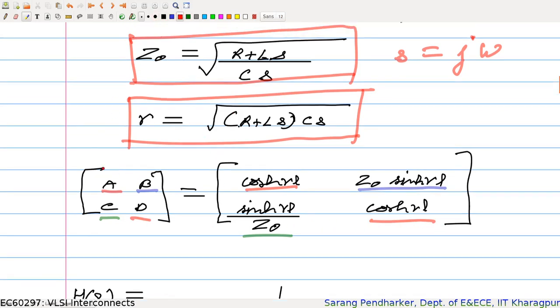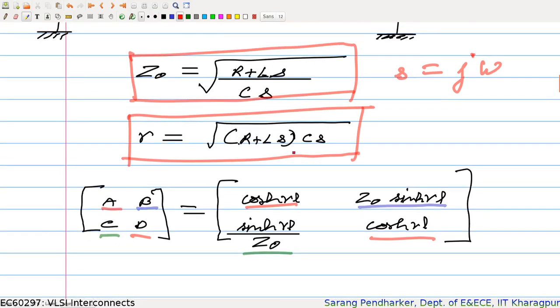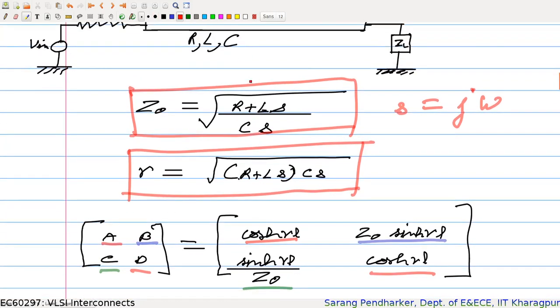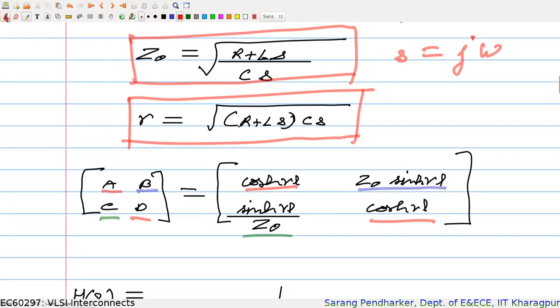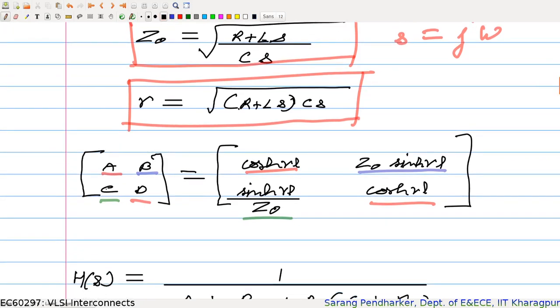So there is a bit of confusion with the notation now, because there are ABCD parameters as well, and there is C which represents the capacitance per unit length as well. So what I will do is represent the term C in the ABCD parameters with a symbol like this, just to eliminate the confusion.